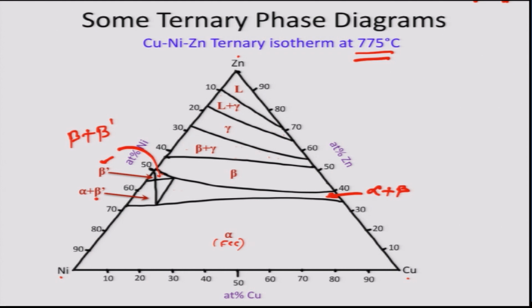In each of the two phase regions, we can draw the tie lines, which would roughly look like this. So in alpha plus beta, the tie lines may look like this. In beta plus gamma, they may look like this.